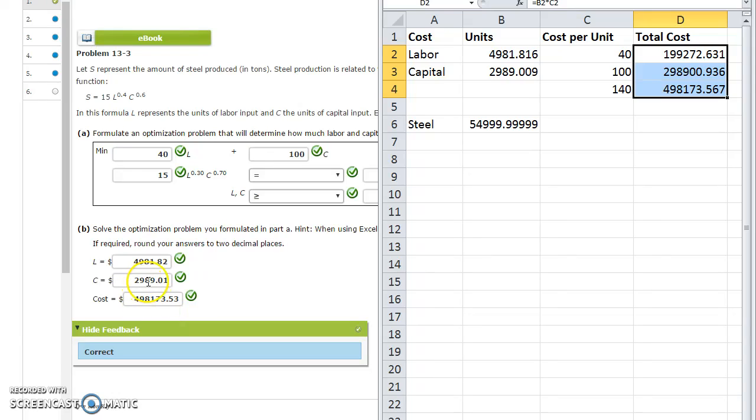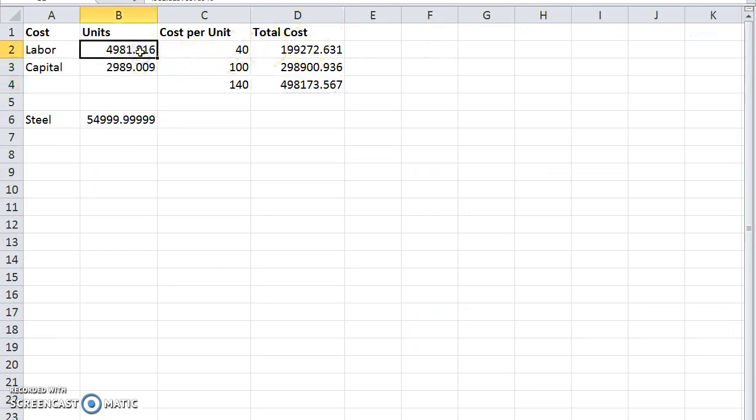B3 was 2,989.01, and the total cost is 498,173 point something. Somehow this got slightly altered, and it's slightly under rounded too. The first time I did it, I got something just a little bit different. That's interesting. Let me run the solver again and see if I get the same thing.